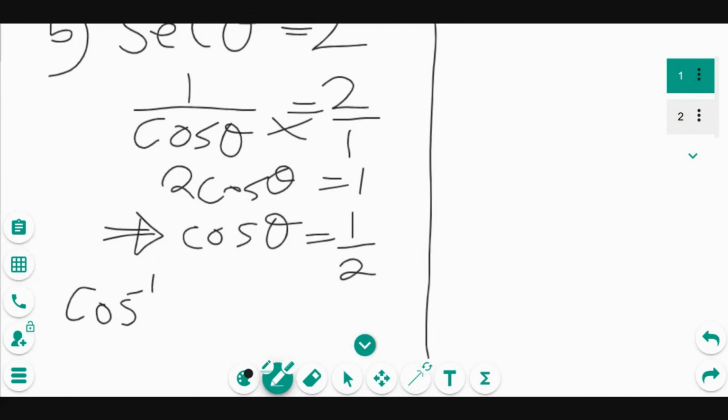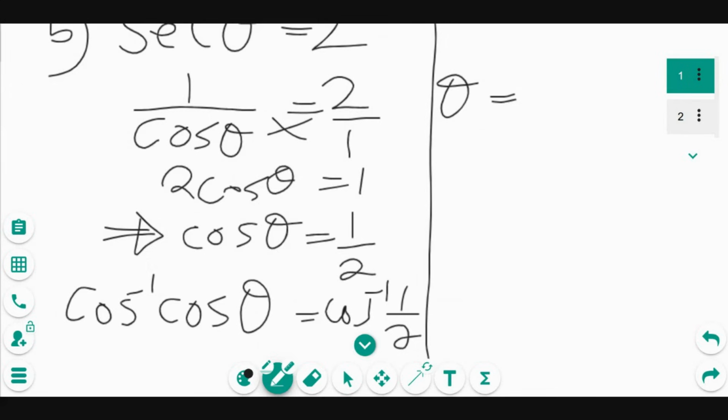So I have cos inverse of cos theta, and here I also have cos inverse of a half. I'm taking cos inverse of a half because it is already positive. If it's negative, ignore the negative. Now, cos of cos inverse, they marry when they meet. I remain with theta. Theta is the cos inverse of a half.